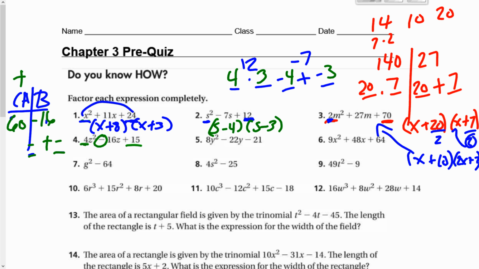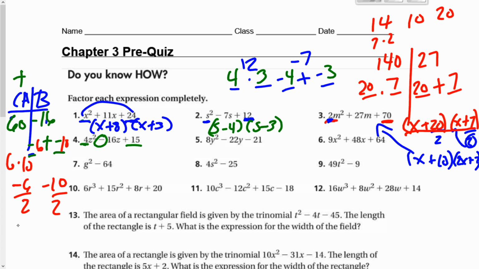Okay, so we're going to multiply. What times what is 60, but still adds to 16? So that's a 6 and a 10, right? 6 times 10 is 60, and negative 6 plus negative 10 is negative 16. What you can do, instead of like we did on number 3, where I wrote it out as the 2 binomials and then divided by 2, well, if you want to, you can take these two numbers, negative 6 and negative 10, and just divide them by the a and reduce the fractions right away.